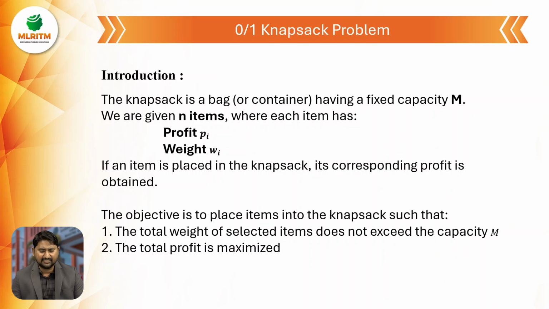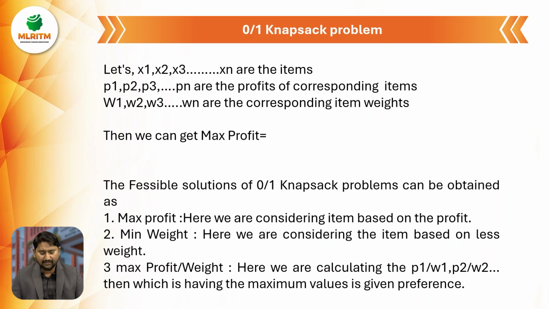The items are selected one by one based on some priority. In this problem, there are three ways to pick. Let x1, x2, x3 and so on up to xn be the items, P1, P2, P3 up to Pn the profits of the corresponding items, and W1, W2, W3 up to Wn the corresponding item weights.